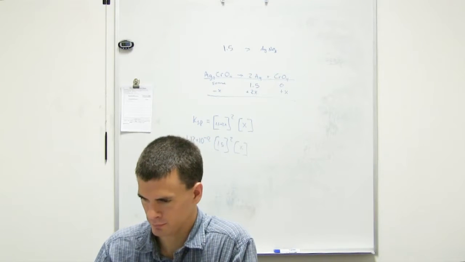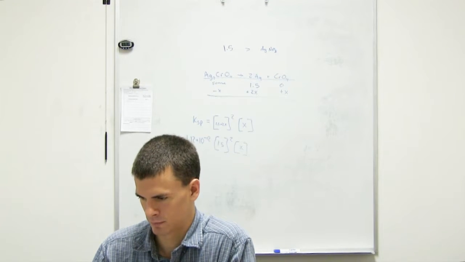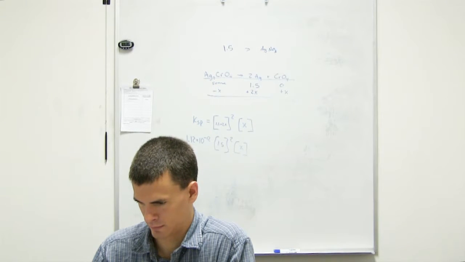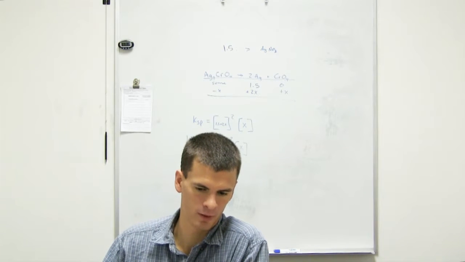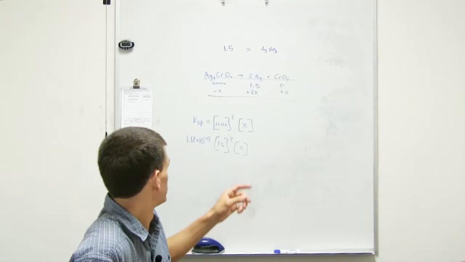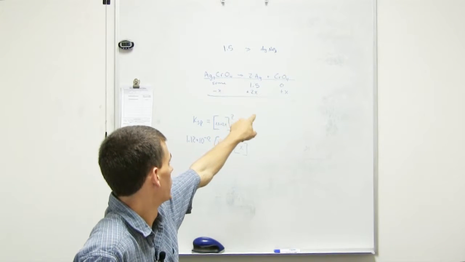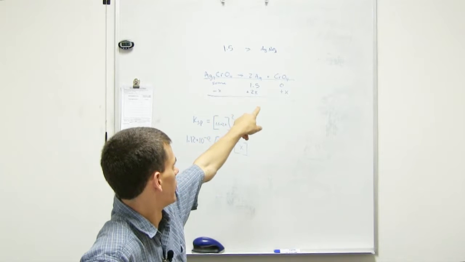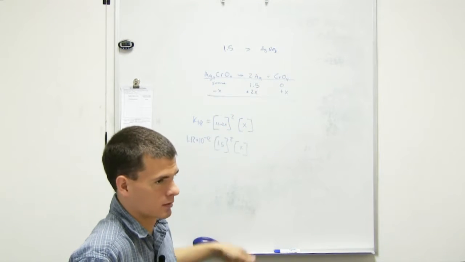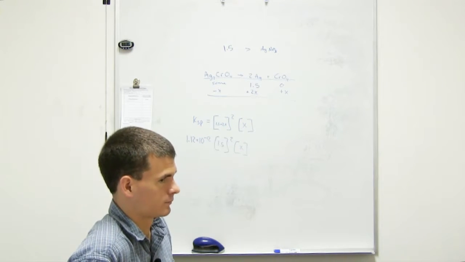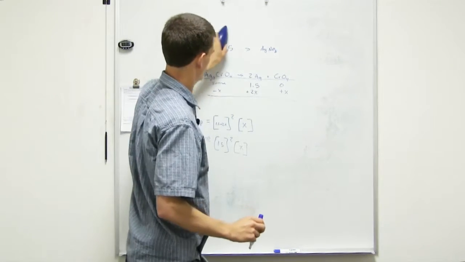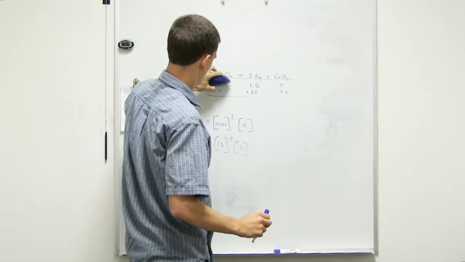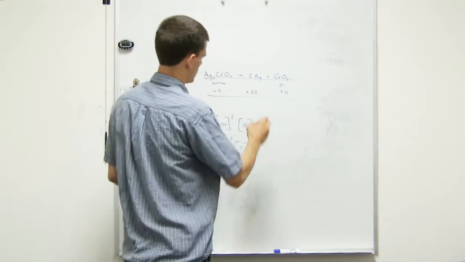Now in pure water, okay. So this is still based off of the silver chromate, right? Well, now if you're in pure water, your initial concentrations are both going to be 0. So you have 0, 0, plus 2x, plus x. Oh, okay. So that's pretty much just going to leave you with 2x times x. So you just solve for 2x squared, right?